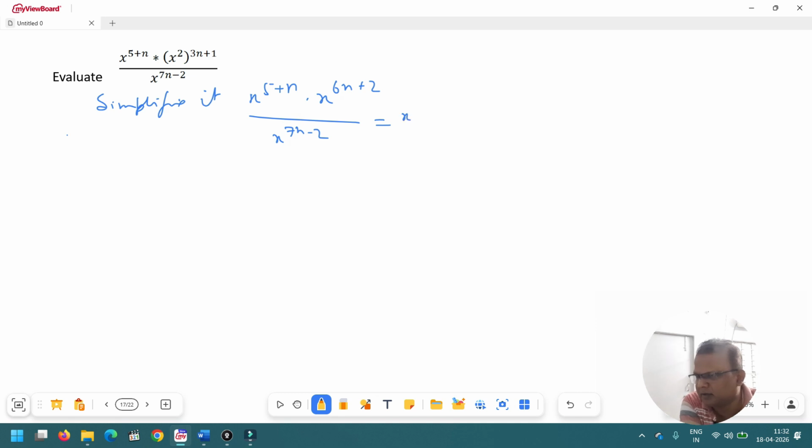That is x to the power 5 plus n plus 6n plus 2, divided by x to the power 7n minus 2.